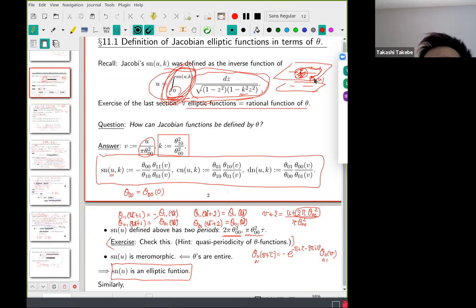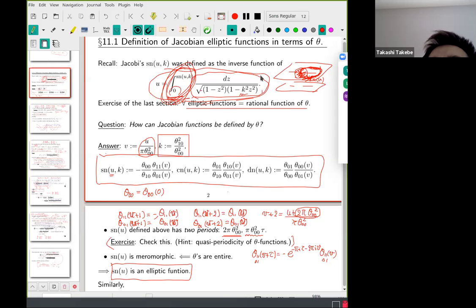Otherwise, because of the topology of the elliptic curve, we have multi-valuedness. If we change the contour from here to here, we have a certain difference because of the period of this one form on the elliptic curve.